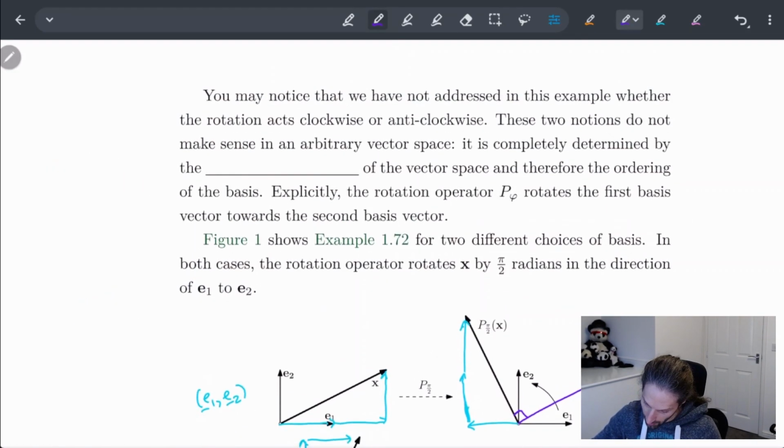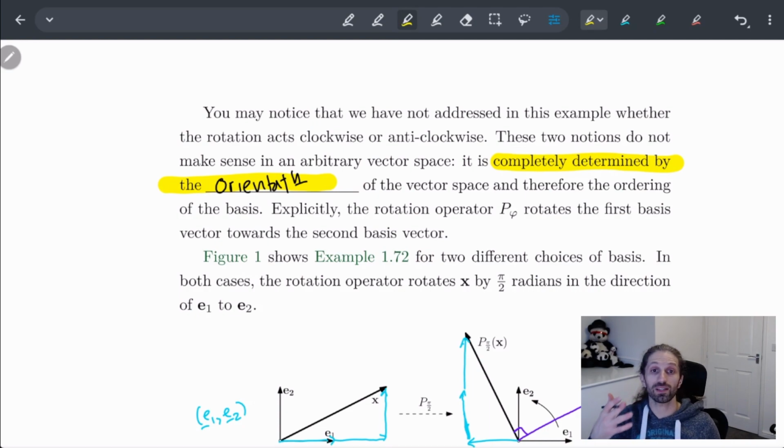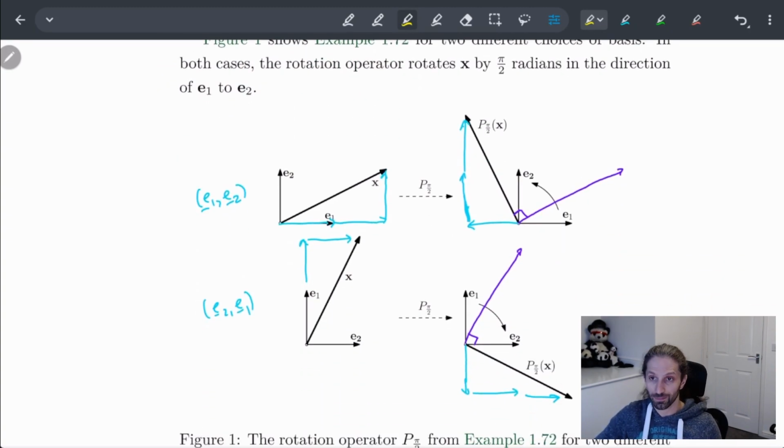In particular, anticlockwise and clockwise are completely determined by the orientation. So the ordering of the basis is the explicit thing that tells us whether we go clockwise or anticlockwise when we're doing a rotation. We really saw this here.